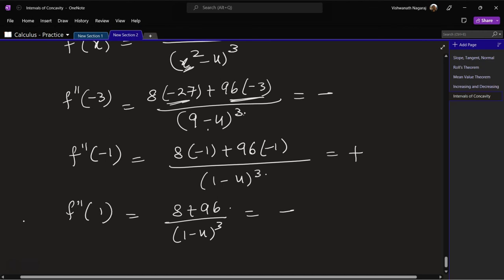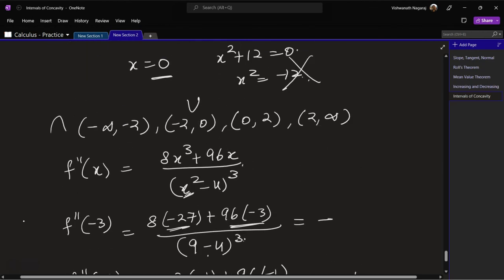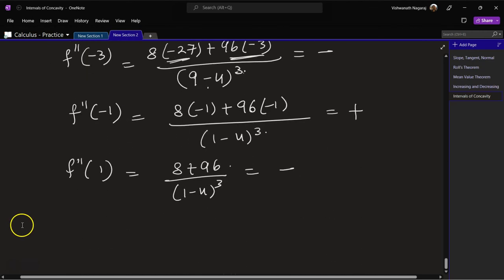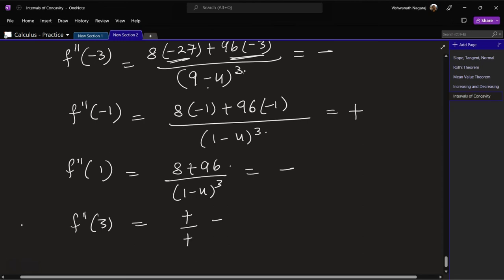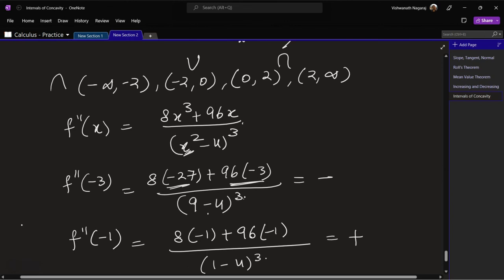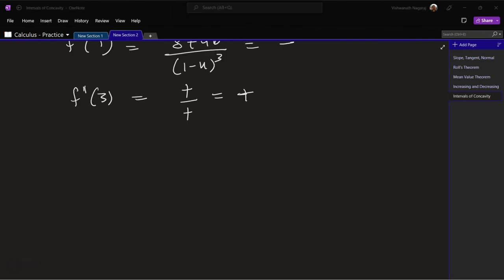So that means this is negative, which means this is concave down. And now finally let's look at f double prime of 3, which gives us a positive number in the numerator and a positive number in the denominator, which means this is going to be plus, and therefore this is going to be concave up.